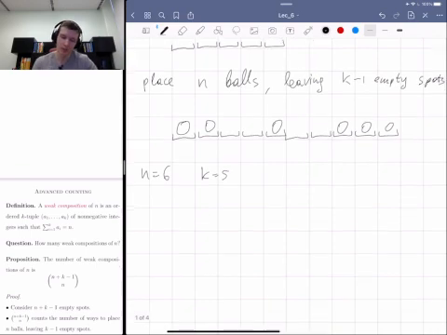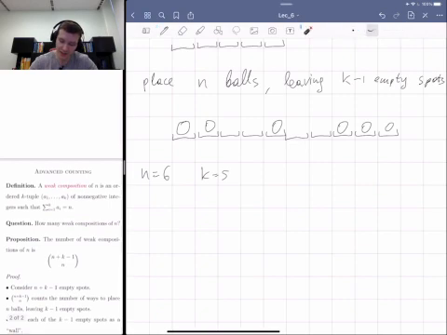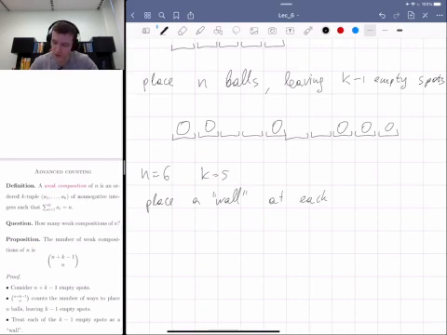The next thing I'm going to do is treat these balls as stars, and the empty spots are going to be the walls. So you place a wall at each of the k minus 1 empty spots.